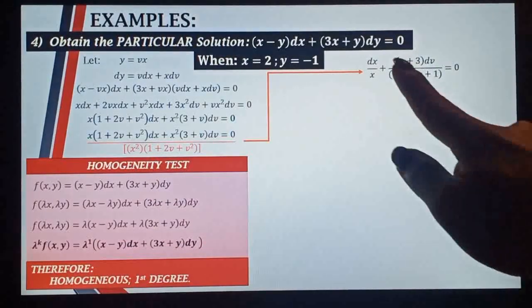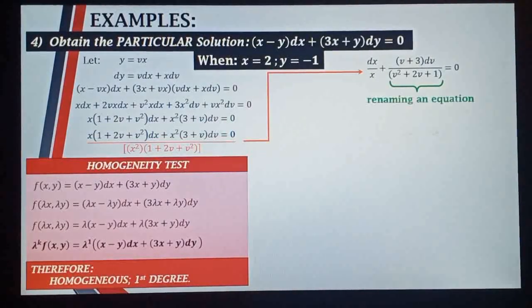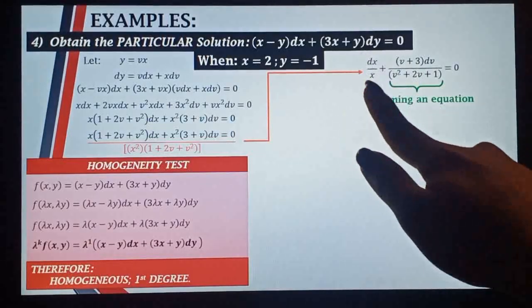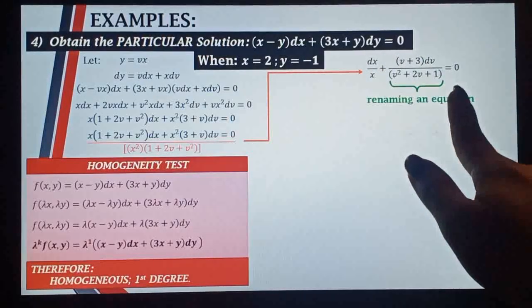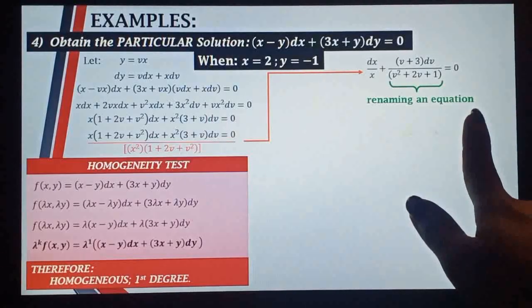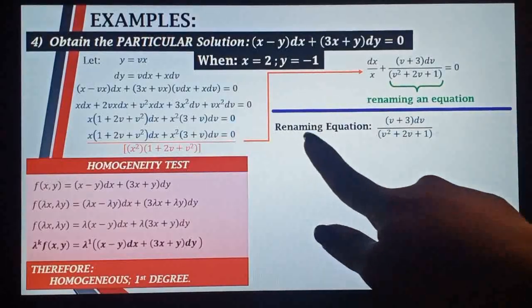So, once the variables are separated, you can now have your integral part. This term we could integrate right away, but this one is difficult to integrate. So, we have to undergo renaming an equation. So, how do we rename an equation?